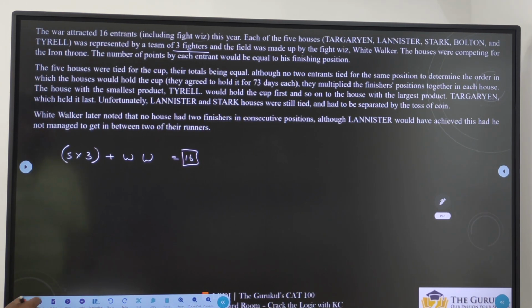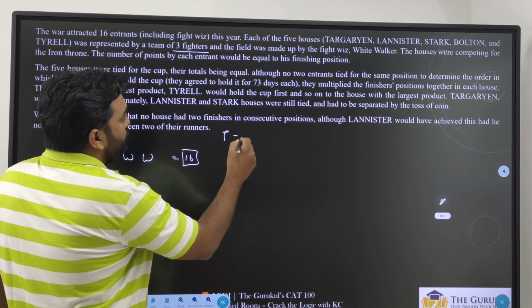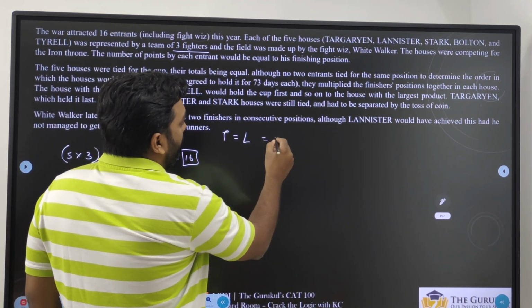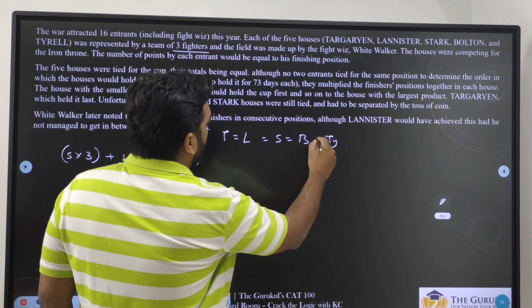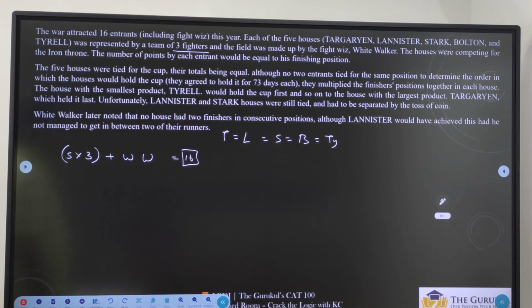So can I say sum of everything in T, that is Targaryen, should be equal to Lannister, should be equal to Stark, should be equal to Bolton, should be equal to Tyrion. Sum of the ranks of the people in each group, that is all equal.